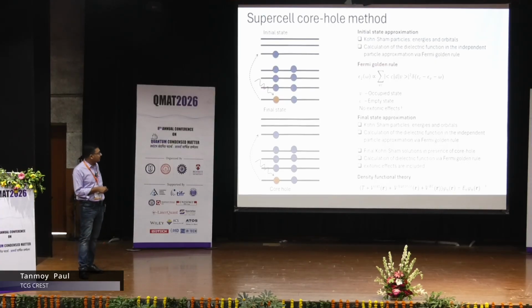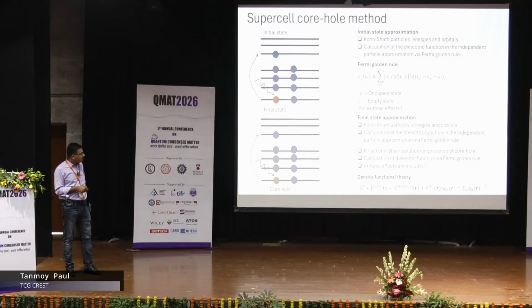Because of these two effects, for metallic systems this does not have much effect, but for semiconductors and insulators it has a substantial effect. So that's why this is a very serious problem, and for that reason we need to consider not only the excited electron and core hole, but also the full core hole relaxation.